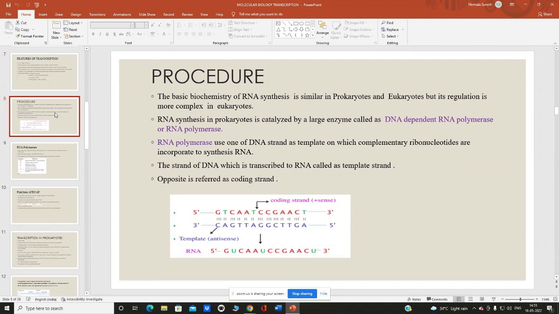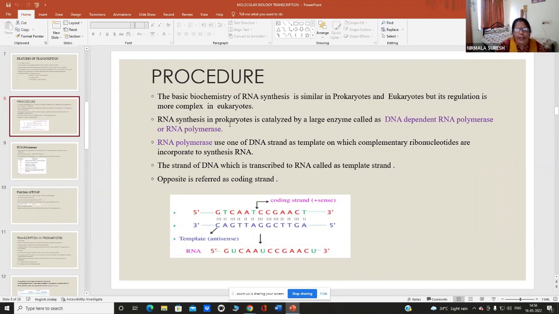The basic biochemistry of RNA synthesis is similar in prokaryotes and eukaryotes, but its regulation is more complex in eukaryotes. And probably because of the complexity of the body design. Prokaryotes have a very simple cell structure where no post-transcriptional stages are required.